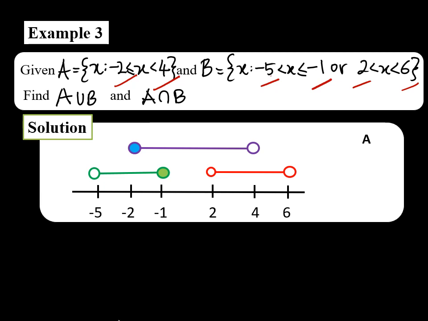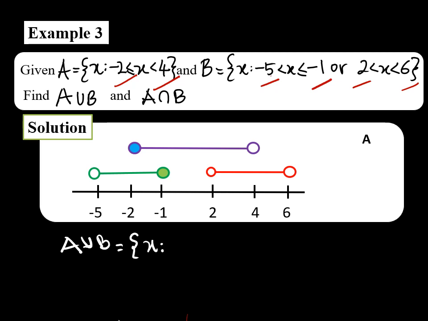Now for question A union B. How to write down the answer? We should write down the answer in interval notation as in the question. So what is A union with B? Union means that we just take everything in both sets.